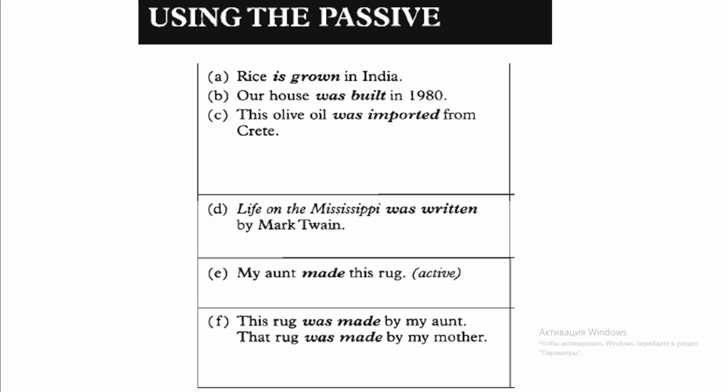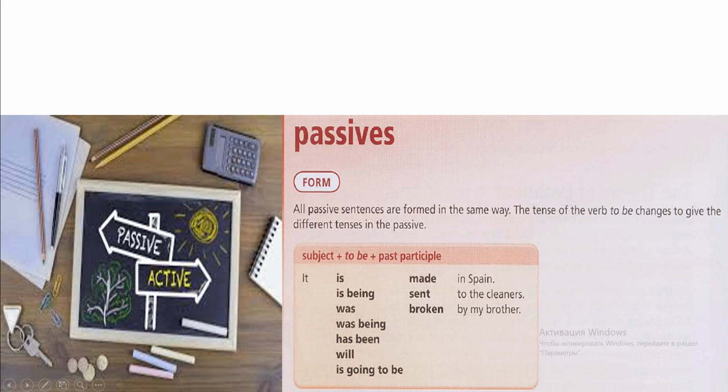Sometimes even when the speaker knows who performs an action, he or she chooses to use the passive voice with the by phrase because he or she wants to focus attention on the subject of a sentence. So the focus of attention is on the rugs. Next one.